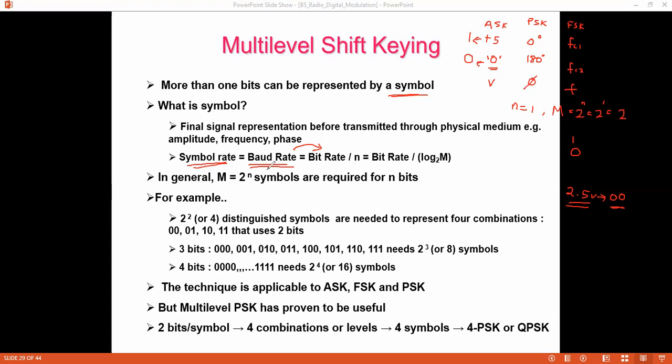Okay, let's look at this example. If we use 2 bits, the number of symbols that are used is 2 to the power of 2, or 4 symbols.